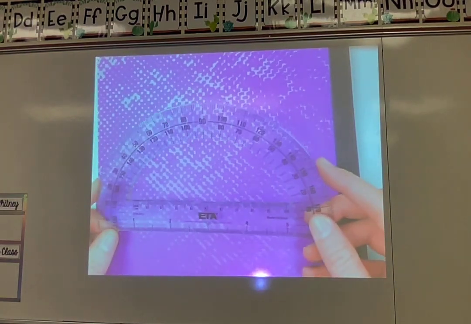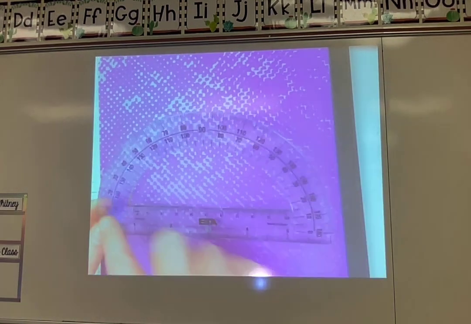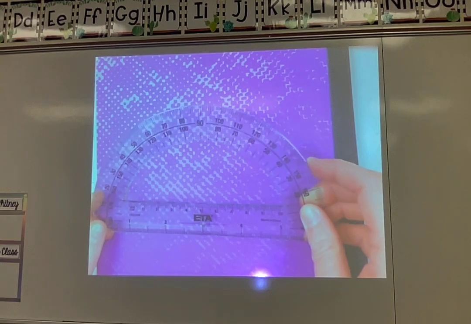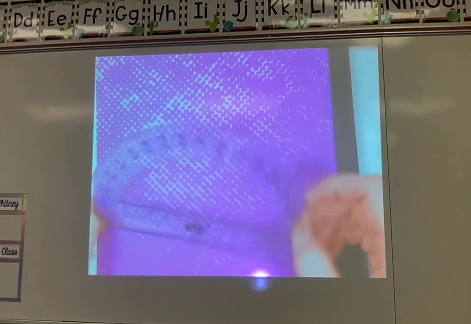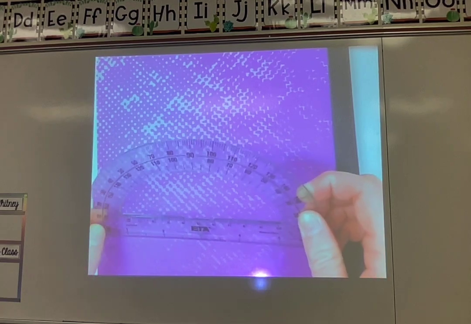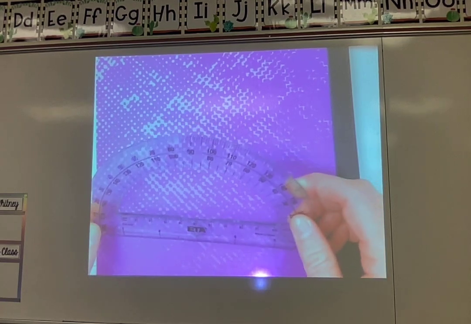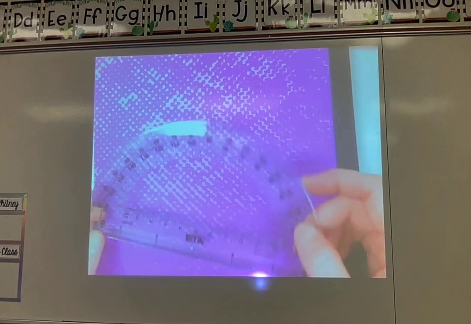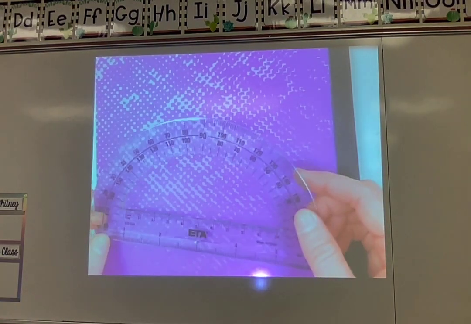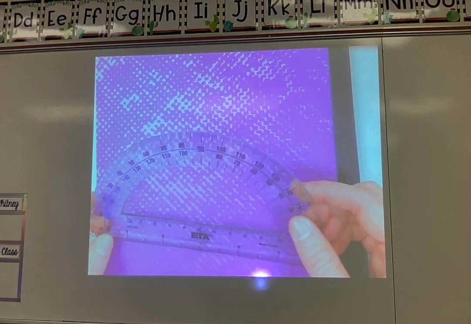This tool is called a protractor. It's kind of a half circle. And this is what we use to measure how many degrees an angle is. We're going to practice using protractors digitally today on your iPads. So I'm going to go ahead and create a different video with instructions for how to do that assignment digitally with the protractor. So go ahead and watch the next video for today.